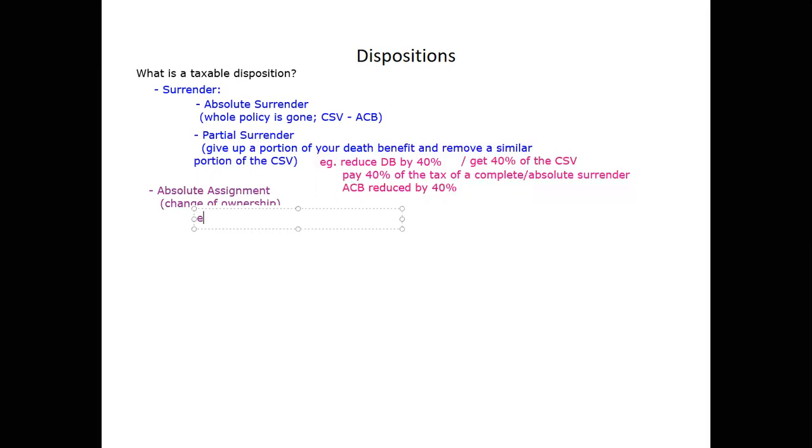Now, there are some exceptions. What are the exceptions here? There are sort of two sets of exceptions that apply.